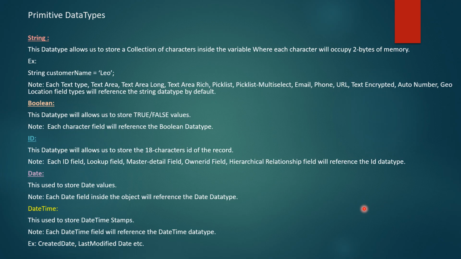These are some data types we need to go through further, which I have mentioned here. The string data type is also a primitive data type. It allows us to store a collection of characters inside the variable, where each character will occupy 2 bytes of memory.